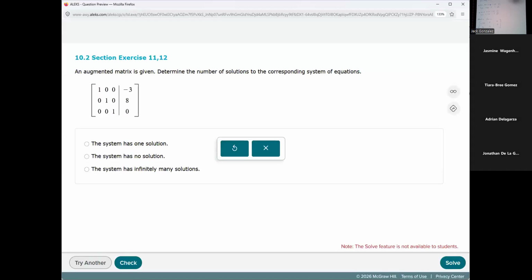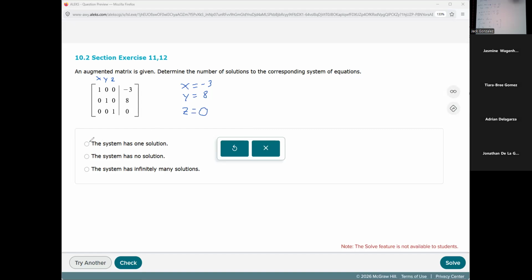Now this one, this is the X column, Y and Z. This is basically X equals -3, Y equals 8, Z equals 0.